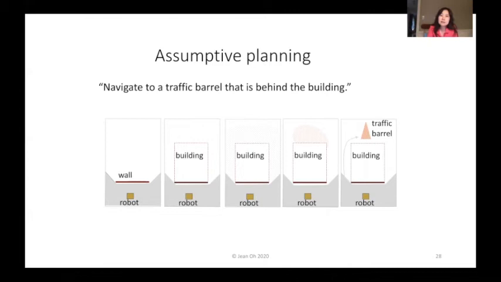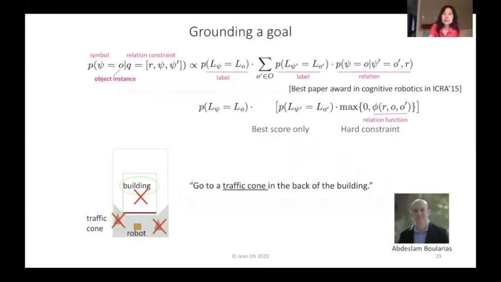And it doesn't matter how accurate the location of the hypothesized goal is, as long as it's giving the right direction to get more information about the real world. So later we will see an example video.